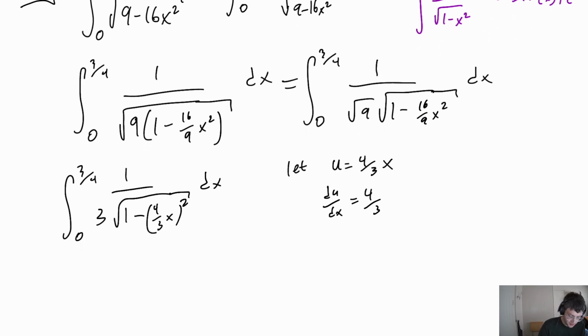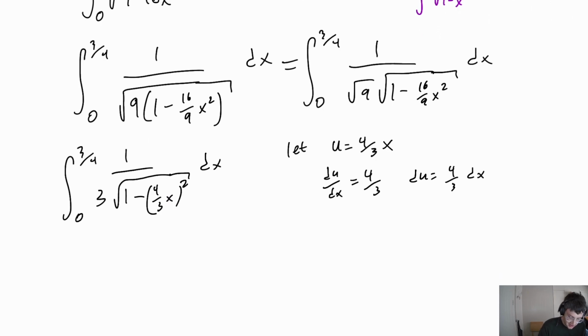And this tells me that, rearranging both sides, I get du equals 4/3 dx. And then lastly, this tells me that 3 over 4 du equals dx. Okay, this is just similar to u substitution that we should have covered by now, hopefully.